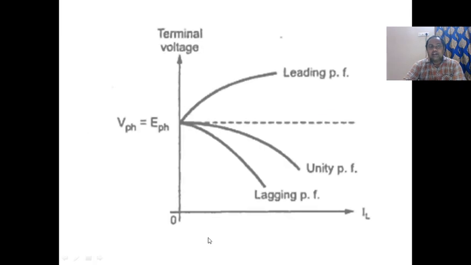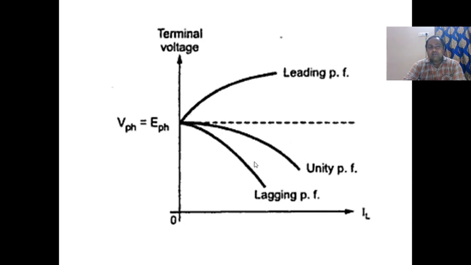Operating characteristics means the machine operated under lagging, leading and unity. Take load current on the x-axis and terminal voltage on the y-axis. The V phase is equal to E phase, so wherever the V phase is there in the terminal voltage, take the dotted line.